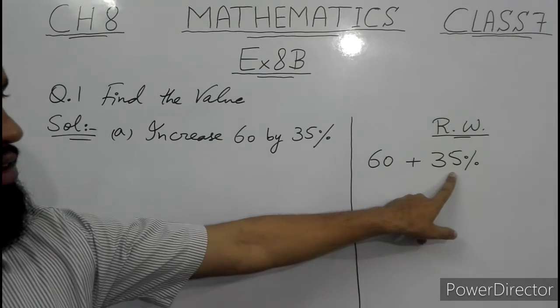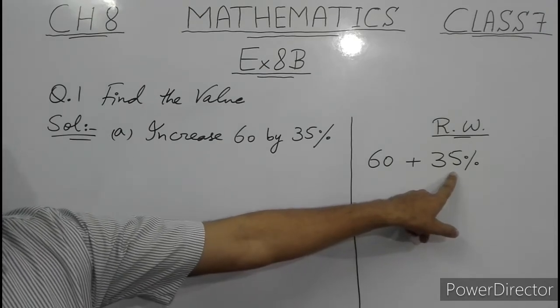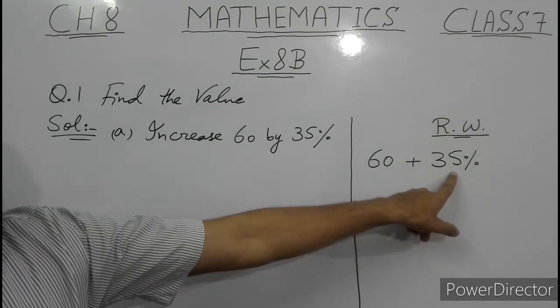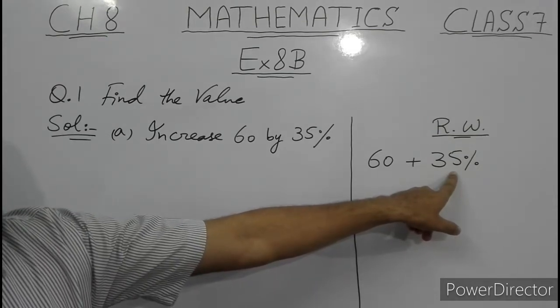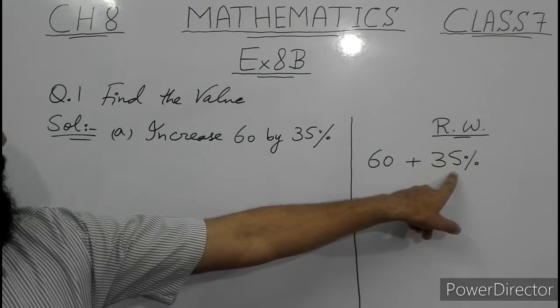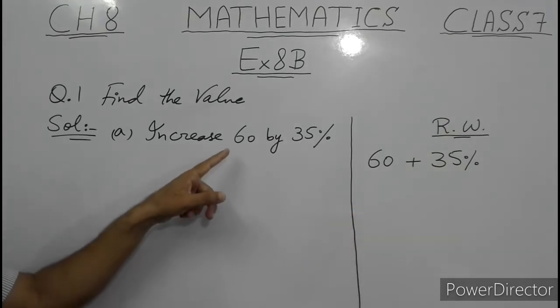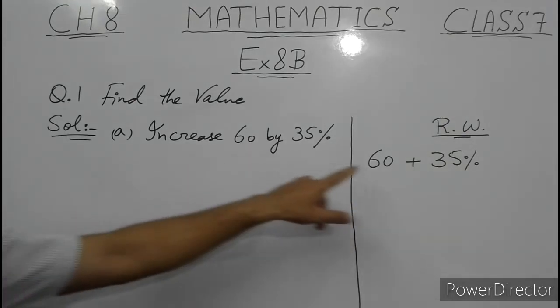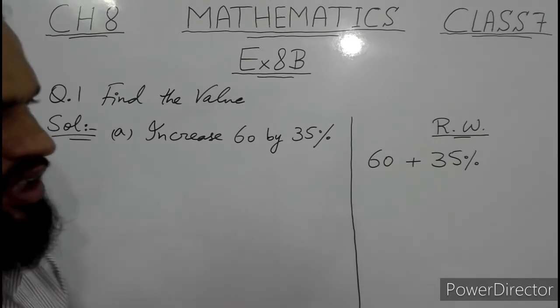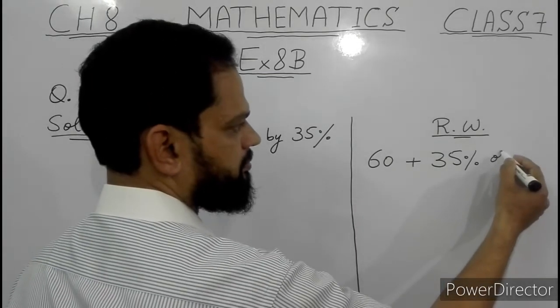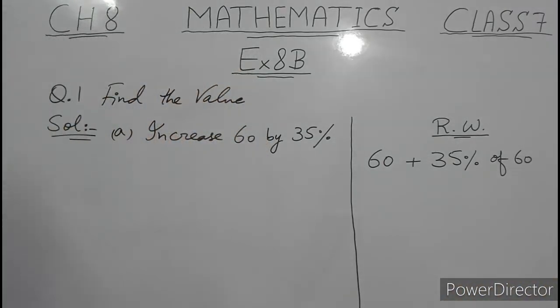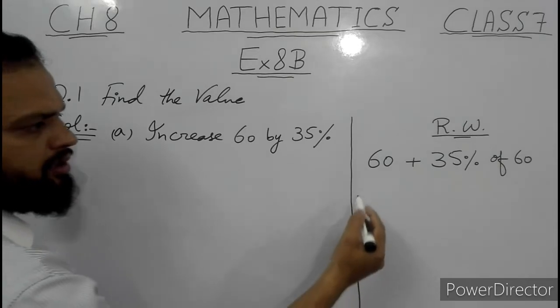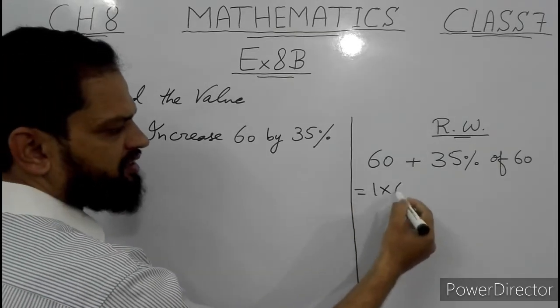But we know that percentage is a fraction, and fraction means a part of an object. So percentage means a part of an object. As we are increasing 60, 35% will be of 60. Now we can write 60 as 1 multiplied by 60.